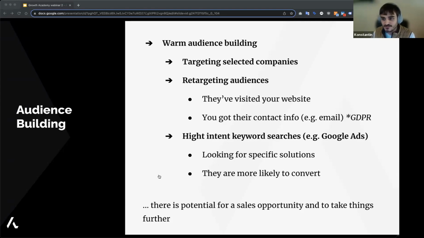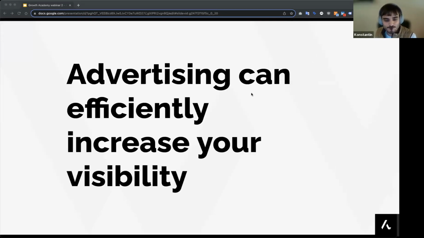And that being said, let's see, by having audiences and tracking and measurement, how we can make things more efficient with visibility. So advertising can efficiently increase your visibility as well if it's used in the right way.